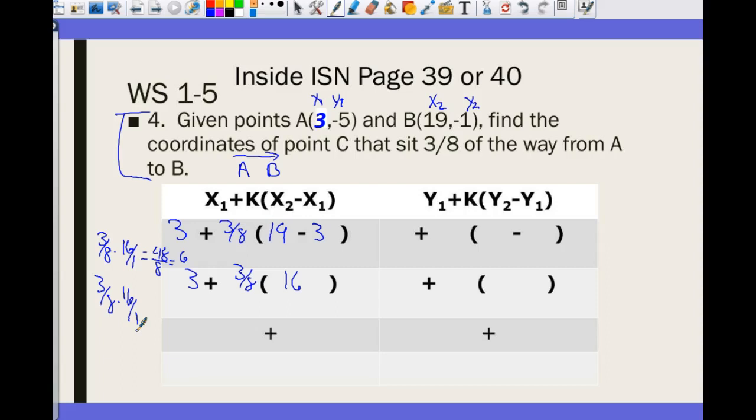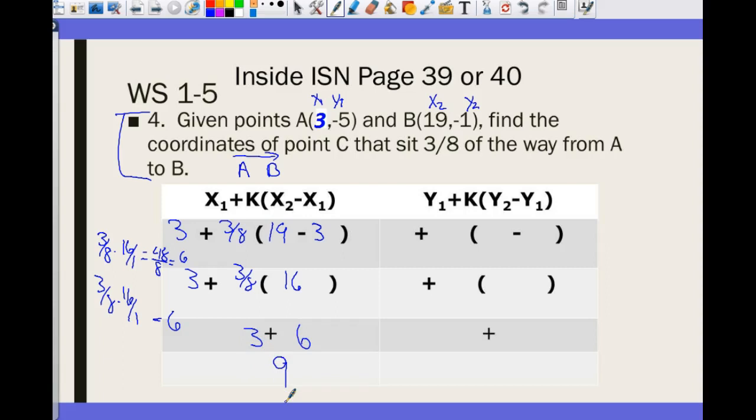No. So you'd have 2 times 3 is 6. If you don't understand what I did there, you're going to have to use the other method until you do. It's something that if you practice it enough, you start seeing what I'm talking about. So we have 6 and 3. 3 plus 6 is 9, there's our x component.